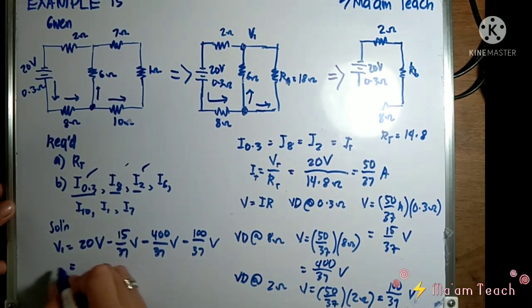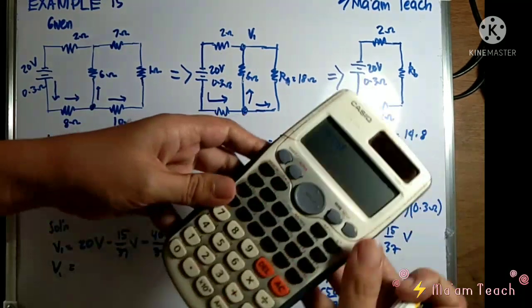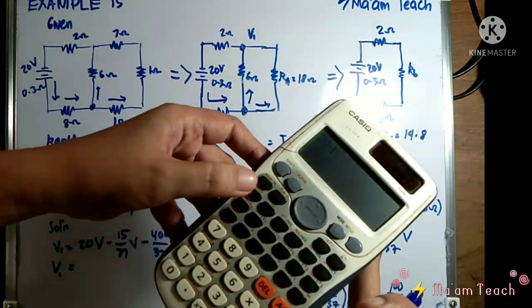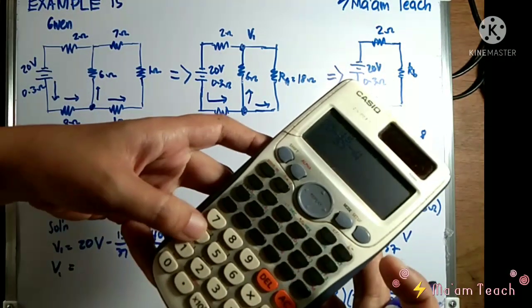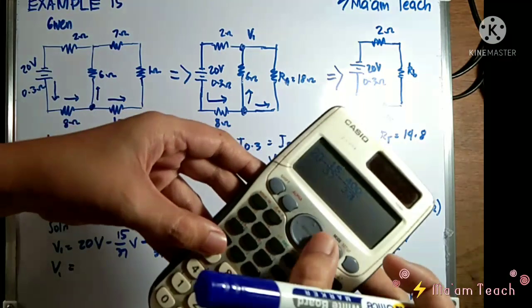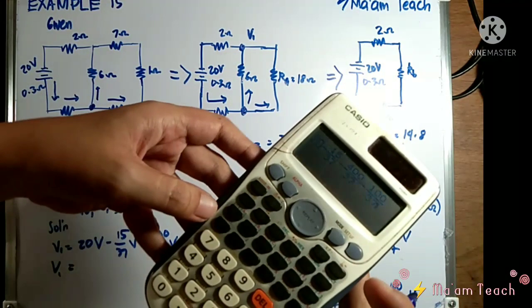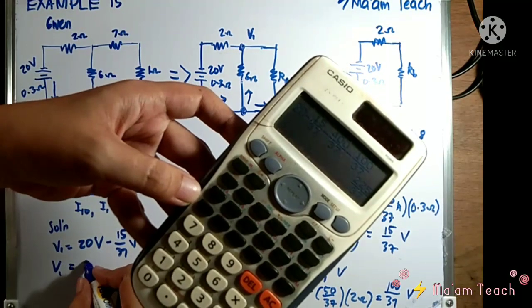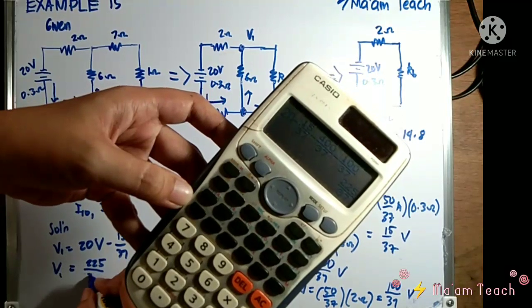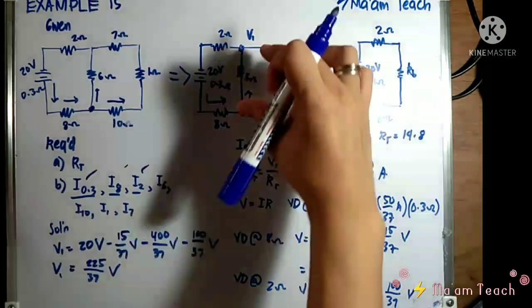So, therefore, the voltage left that will be supplied to the 6 ohms will be 20 minus 15 over 37 minus 400 over 37 minus 100 over 37. Correct? And you'll have 225 over 37 volts. That's the voltage here.